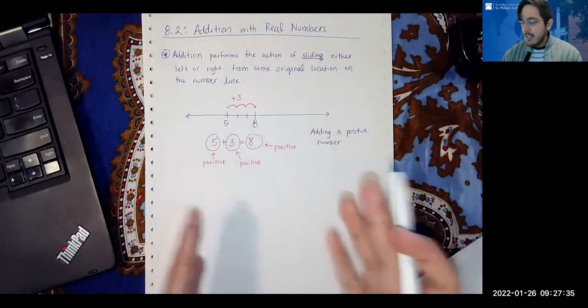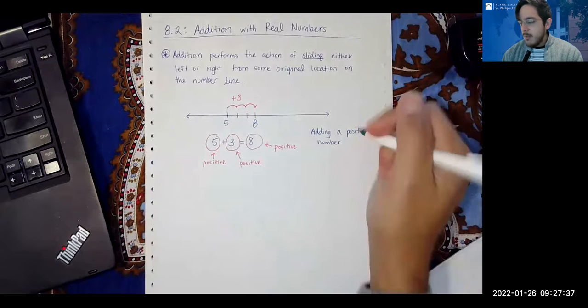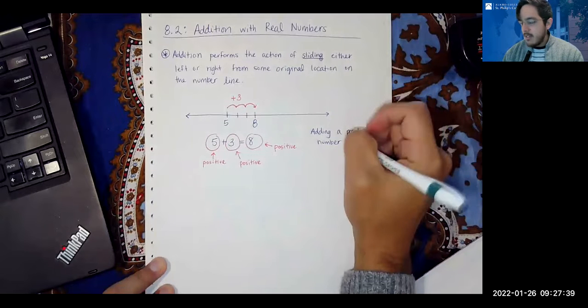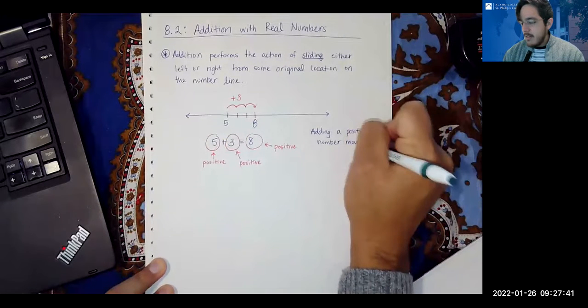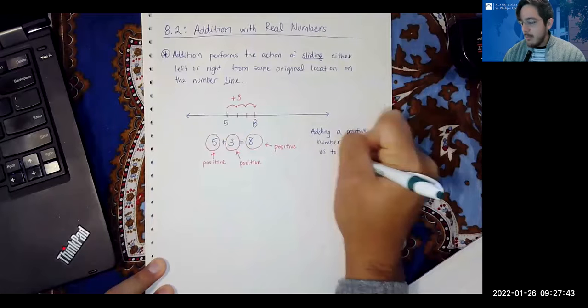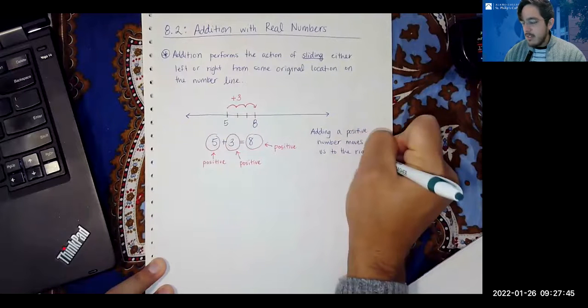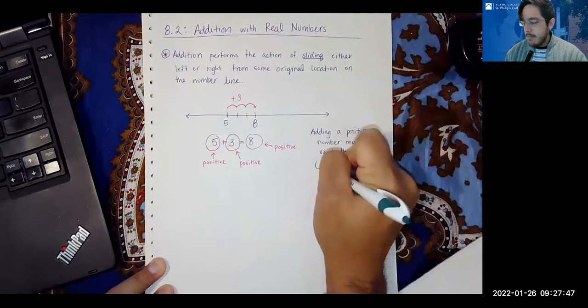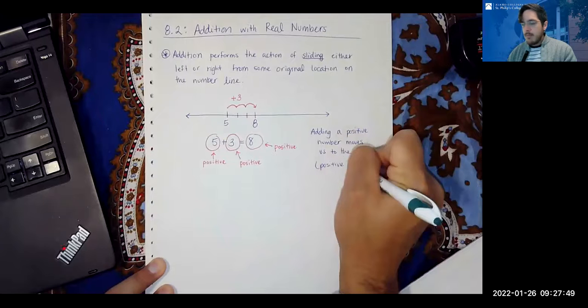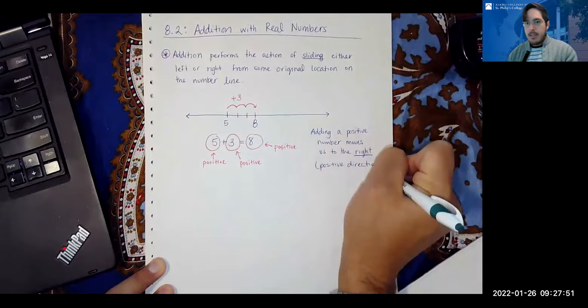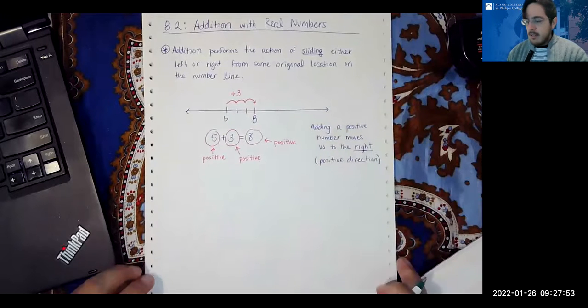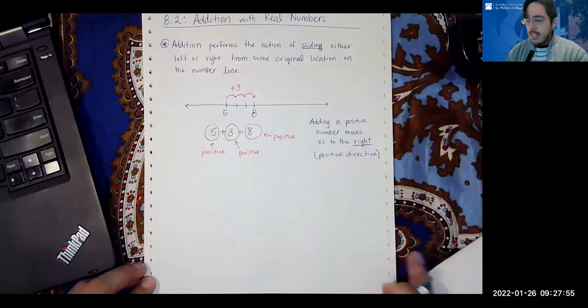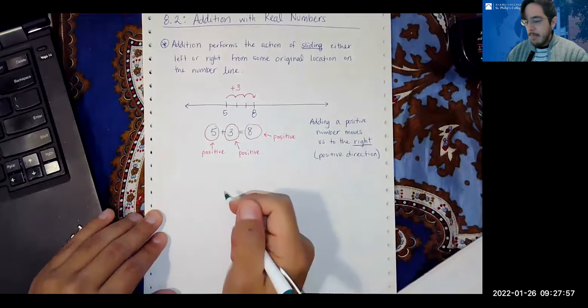So adding a positive number moves us to the right, or you might say in the positive direction. So that's adding 2 positives.